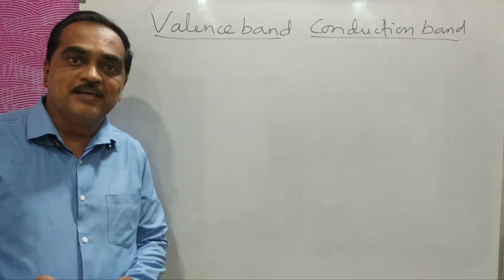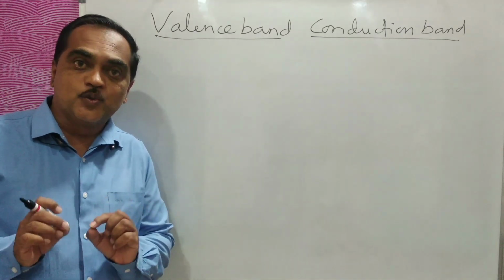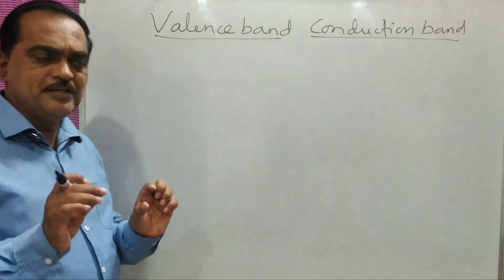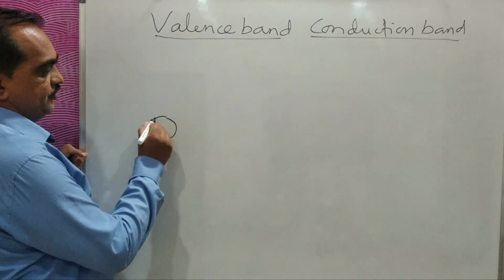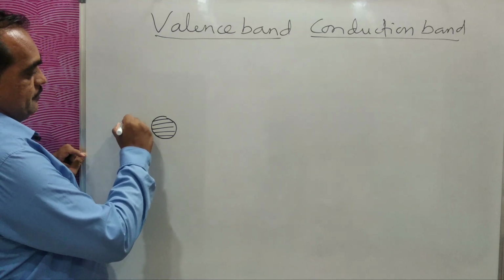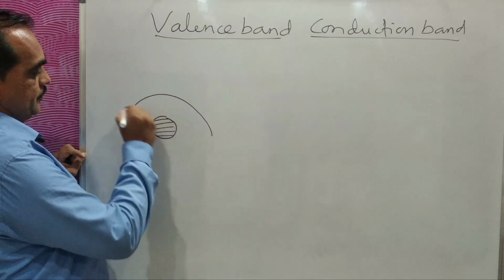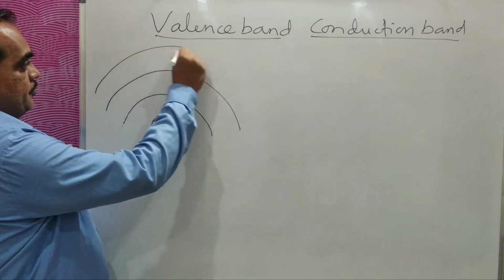What is an energy level of an atom, of a single separated or isolated atom? If you take a single atom, you will have a nucleus here. This is the nucleus. This will be the first orbit, second orbit, and third orbit.